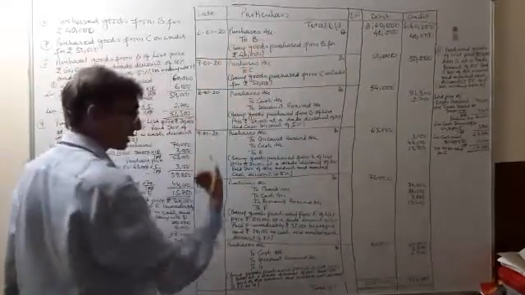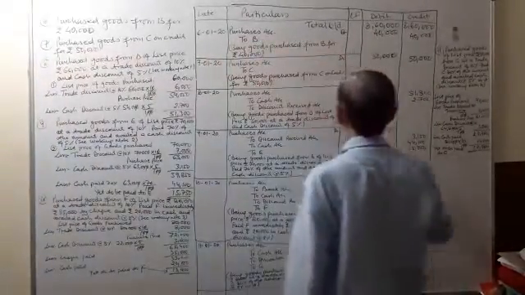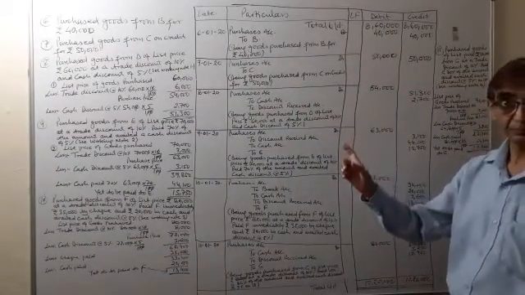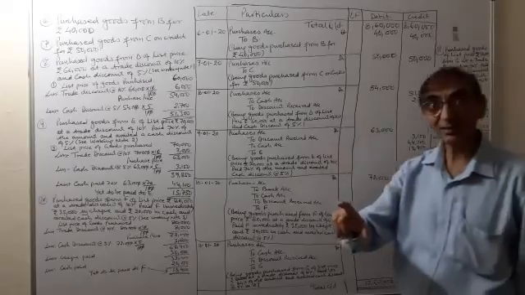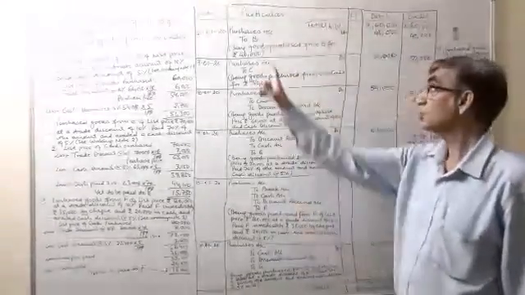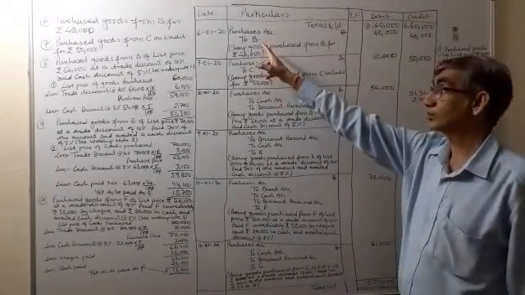Purchases account, goods are coming in, purchases account will be debited by rupees 40,000. And who has given these goods to us? B has given these goods to us. So to B, only B will come.